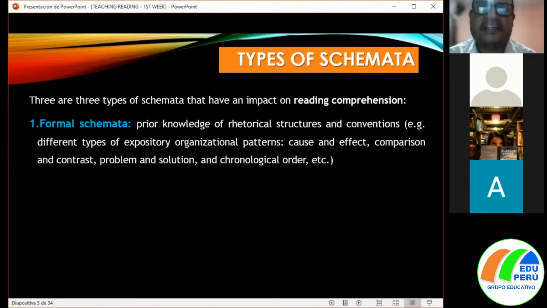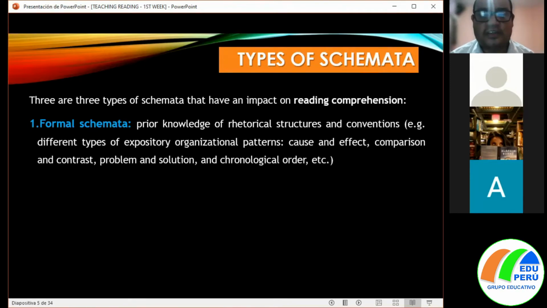What is the formal schemata? It is the prior knowledge of rhetorical structures and conventions. For example, different types of expository organizational patterns, such as cause and effect, comparison and contrast, problem and solution, or maybe you can give a chronological order, etc.